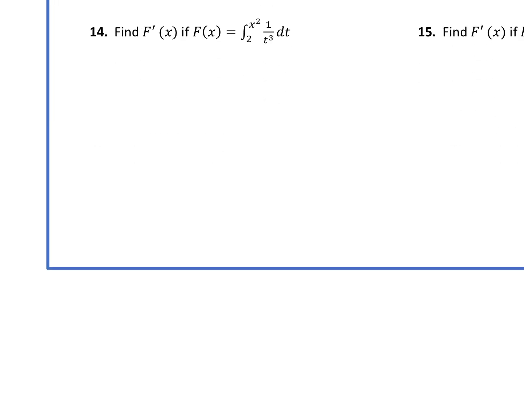I once saw a question on the AP exam, and it was something like this. 0 to x, let's say sine of t dt. Just because you have, let's say, an x and a t does not mean that you are applying the second fundamental theorem of calculus, because it didn't ask us for a derivative. You just had to evaluate this. Integral of sine is what?